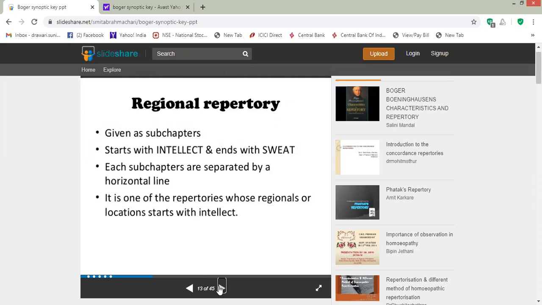So in this way, from intellect to sweat, all the subchapters and all the rubrics are given, and each subchapter is separated by a horizontal line.